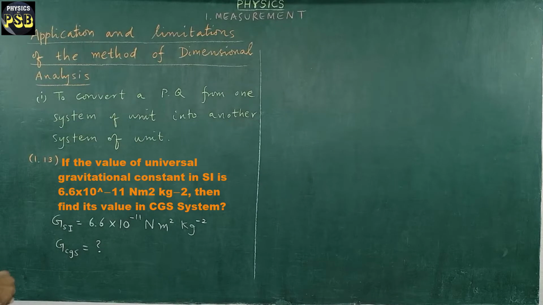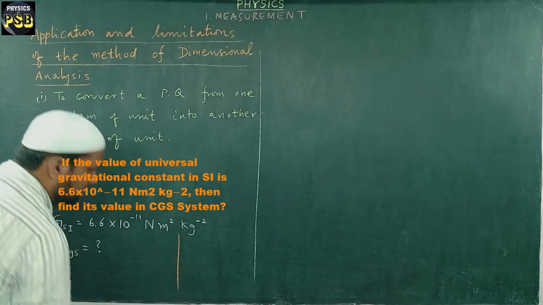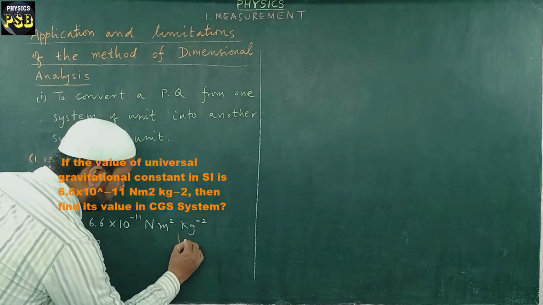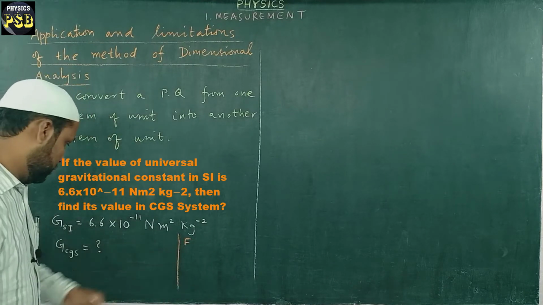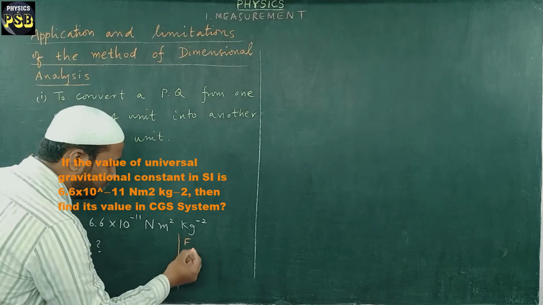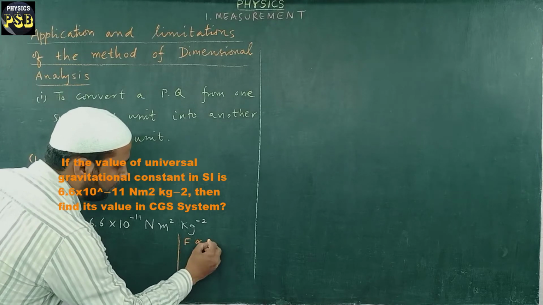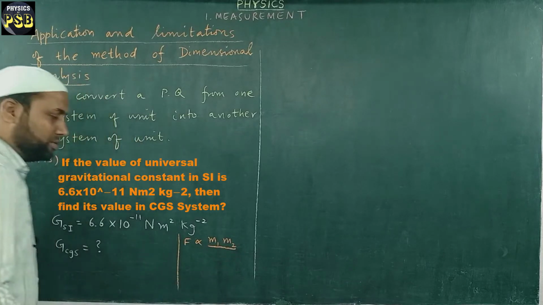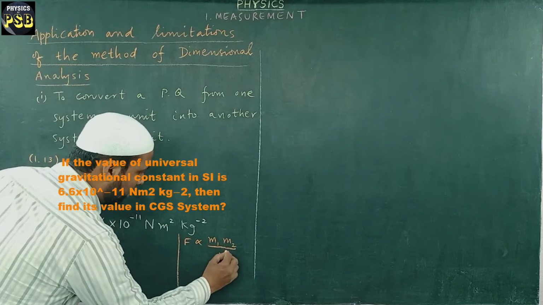How to get that? We have learned in Newton's universal law of gravitation that the force of attraction is directly proportional to the product of masses and inversely proportional to the square of distance.